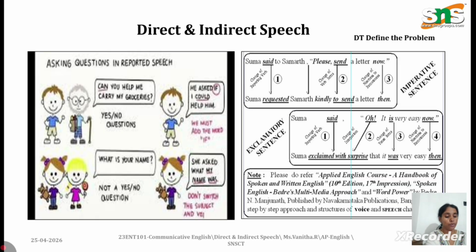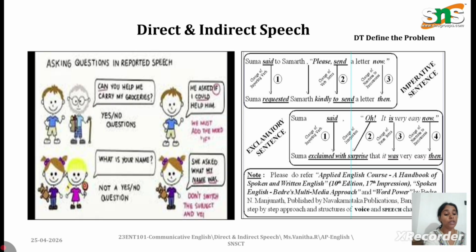Next, if it is a command or a request, use to plus verb. It is like, he said, open the door. Open the door can be a request and also a command. When I change it into indirect speech, it becomes, he told me to open the door.